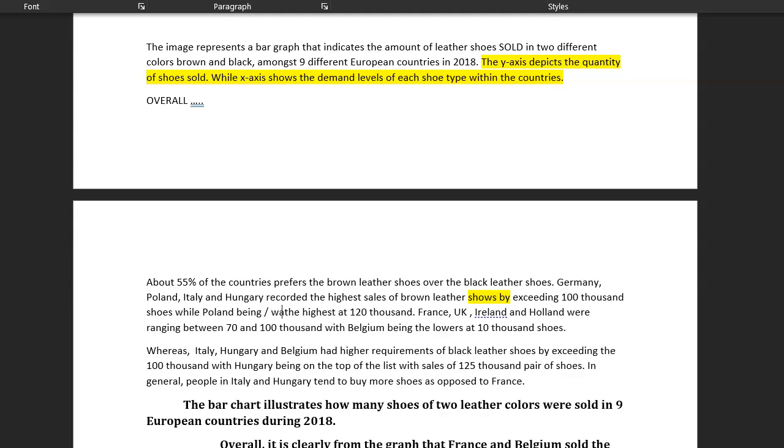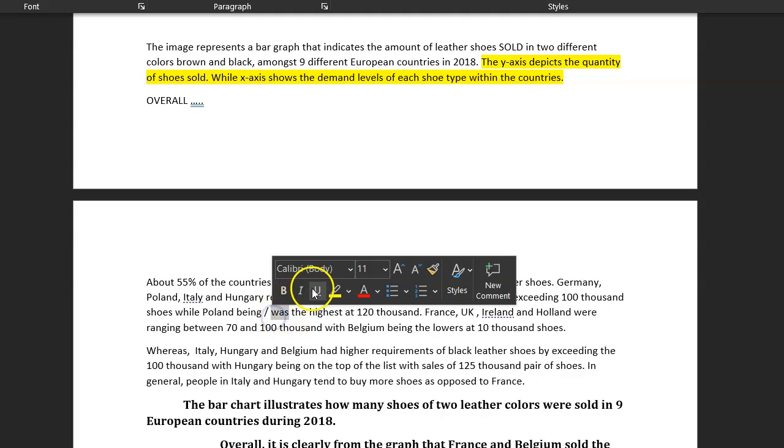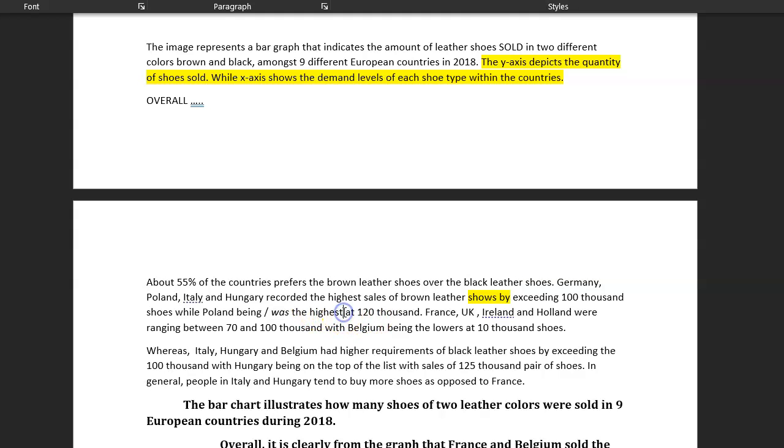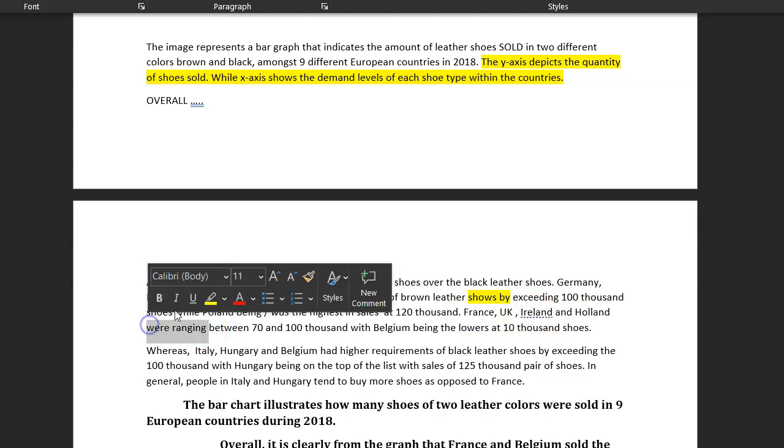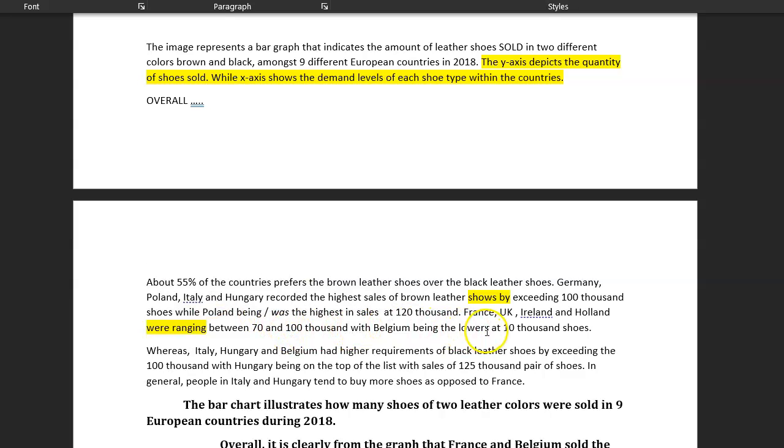So remember, past tense, because it is 2017, was the highest, okay, at 120,000. Was the highest in sales, because was the highest what? Was the highest in sales at 120,000. France, UK, Ireland, Holland ranged, just past simple, not continuous, between 70 and 100,000. Belgium being the lowest.